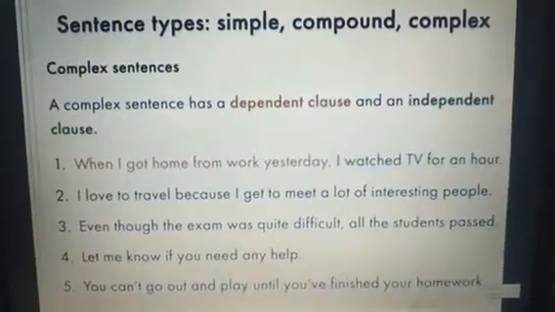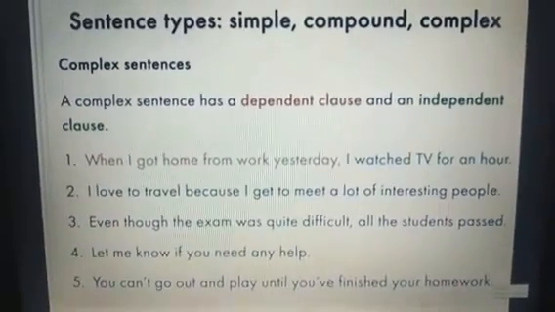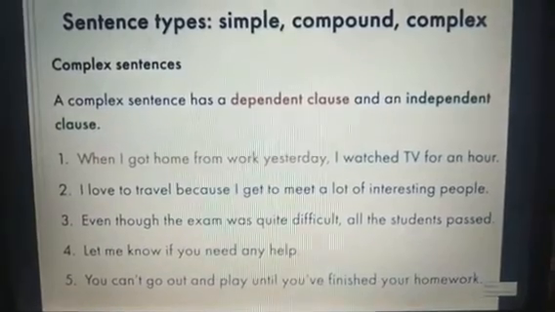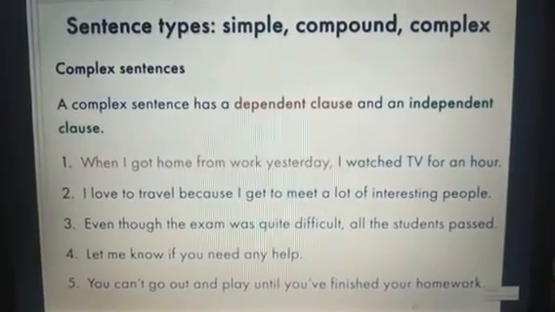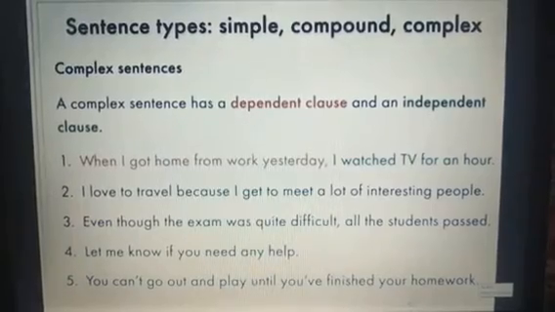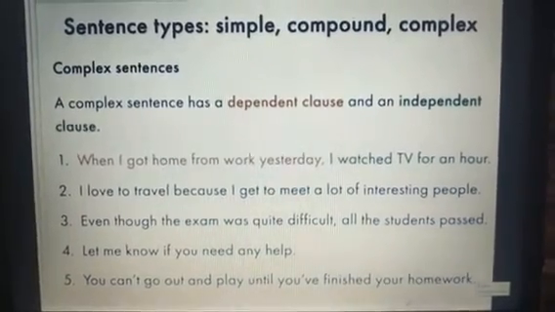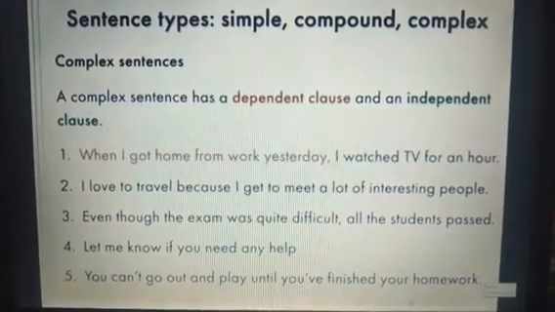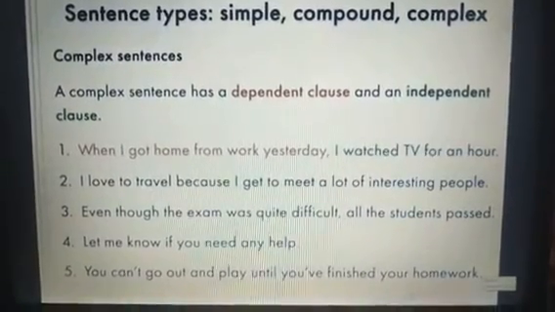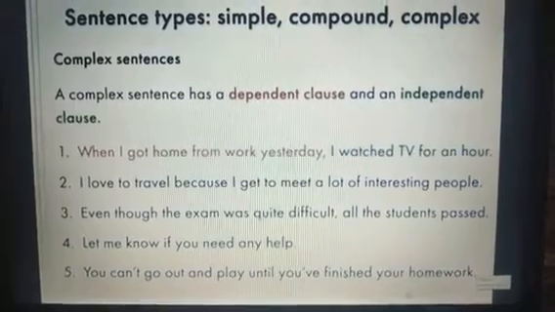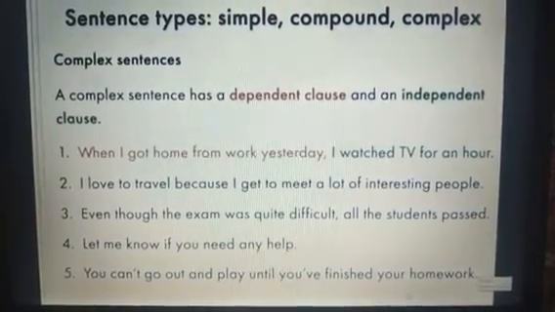So here are some more examples. But before I talk about them, in each one, I want you to identify the dependent and independent clause. For that, you need to stop the video, try the exercise, play the video again, and then continue. Alright, in number 2, I love to travel is the independent clause, and because I get to meet a lot of interesting people is a dependent clause.